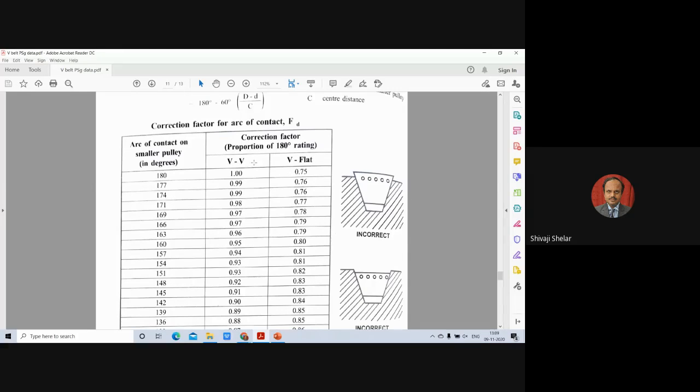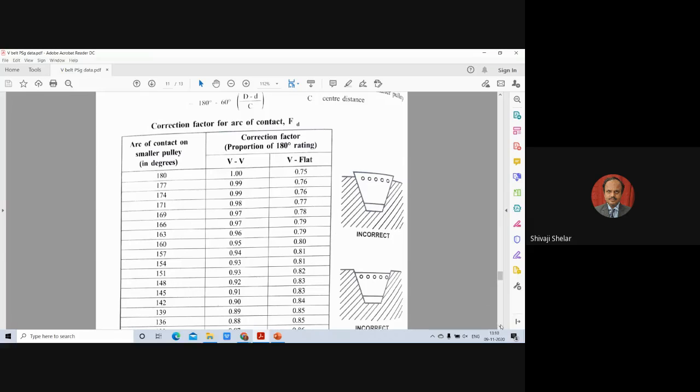So this arrangement is V belt, V pulley, and this arrangement is V belt, flat pulley. If you have, say, an angle of contact of 160, then the correction factor for V to V belting is 0.95, and for V to flat pulley it is 0.8. So depending upon the drive mechanism, V surface or flat surface pulley, the correction factors will be applied.